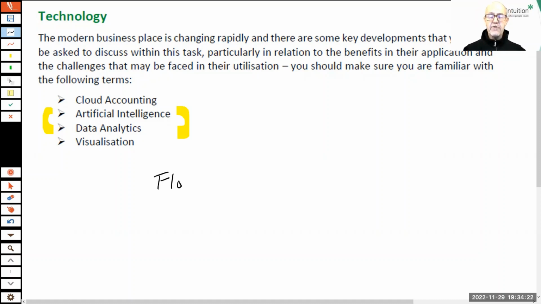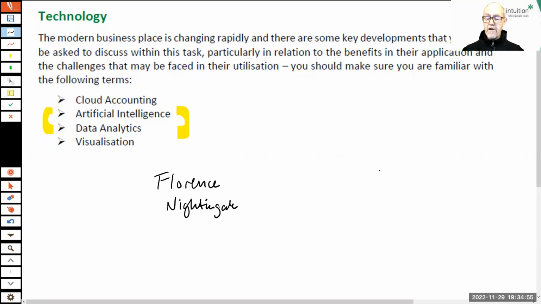If ever you want an interesting 10-minute read, interesting to me anyway, if you Google Florence Nightingale data visualization, we think of Florence Nightingale, she was the nurse in the Crimean War in the 1850s. She had much to say about the conditions that soldiers lived in, and she produced some incredible graphic illustrations of the mortality rates of soldiers.